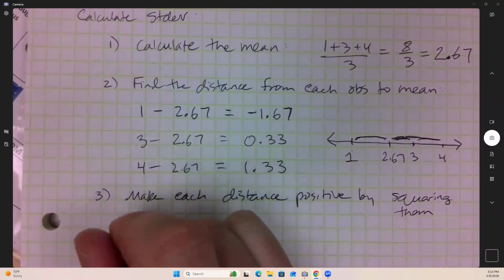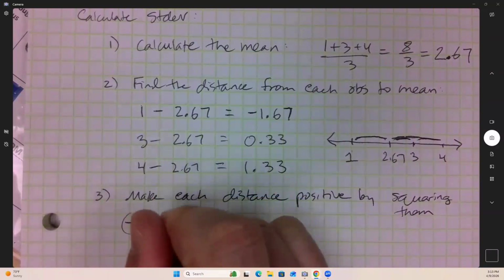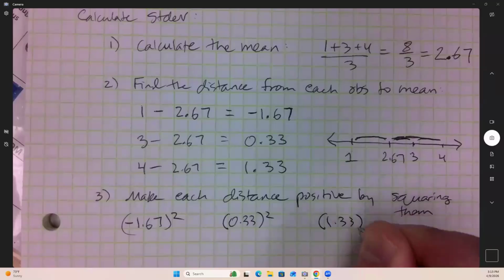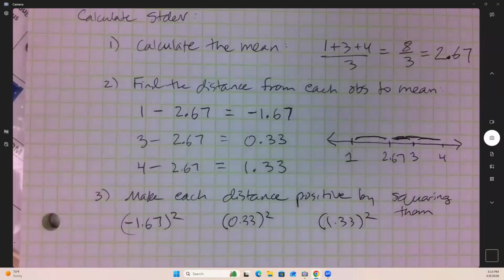So we take negative 1.67 and we square it. We take 0.33 and we square it. And we take 1.33 and we square it. I'm going to have R help me with that.